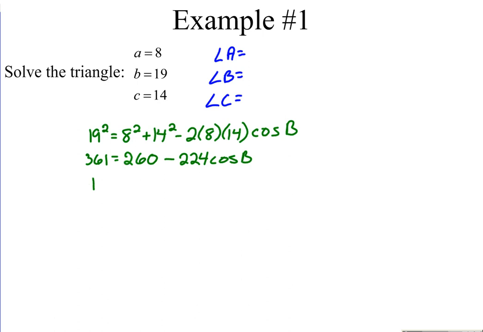We get 101 equals negative 224 times the cosine of B. Now divide by negative 224. Take the inverse cosine or arc cosine of that value, and you're going to get angle B to be 116.801 degrees.